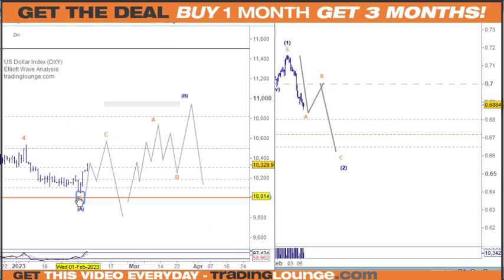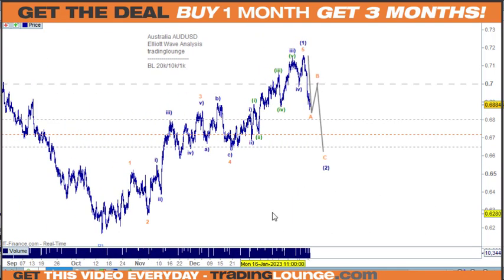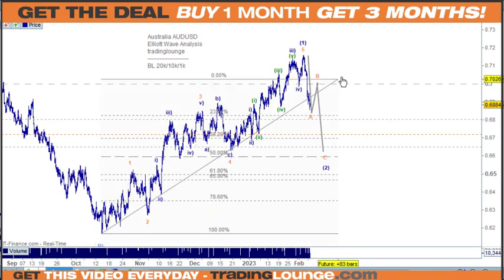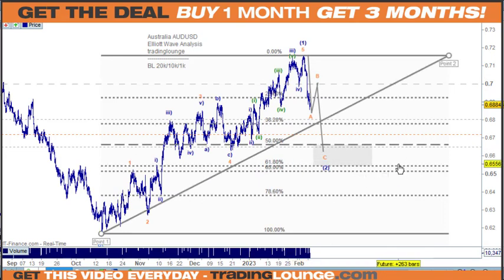So with the US dollar we've got that 5 waves here, so we're going to pull back here, we're going to pull back up here, and then we're going to come down and we're going to go up here. So when we're looking at this particular market, how big is this going to get here? So if we take on this here, that would leave us at the 50-60% here.